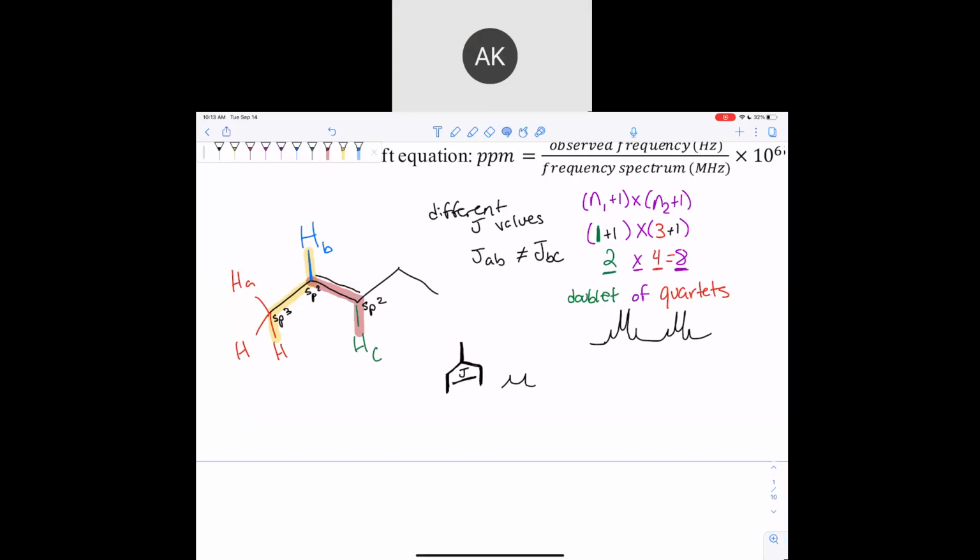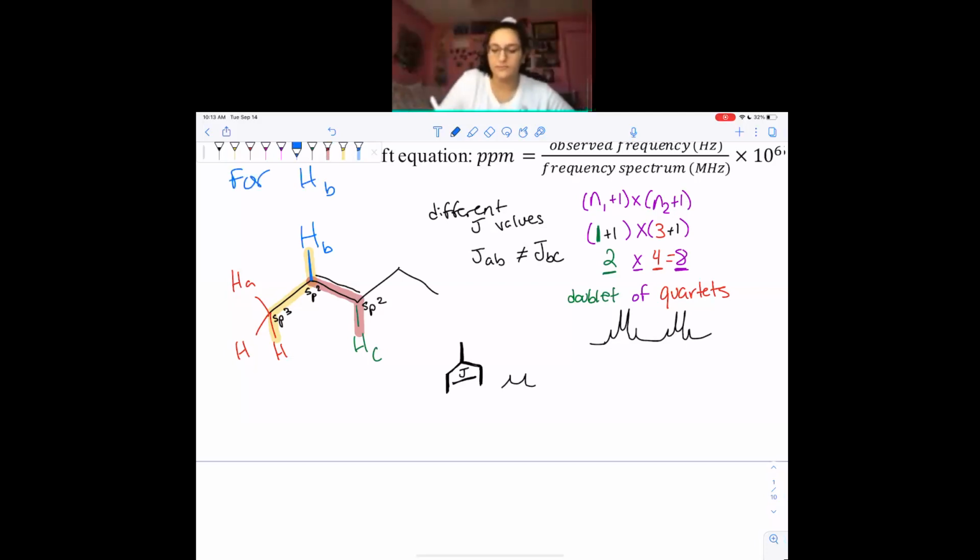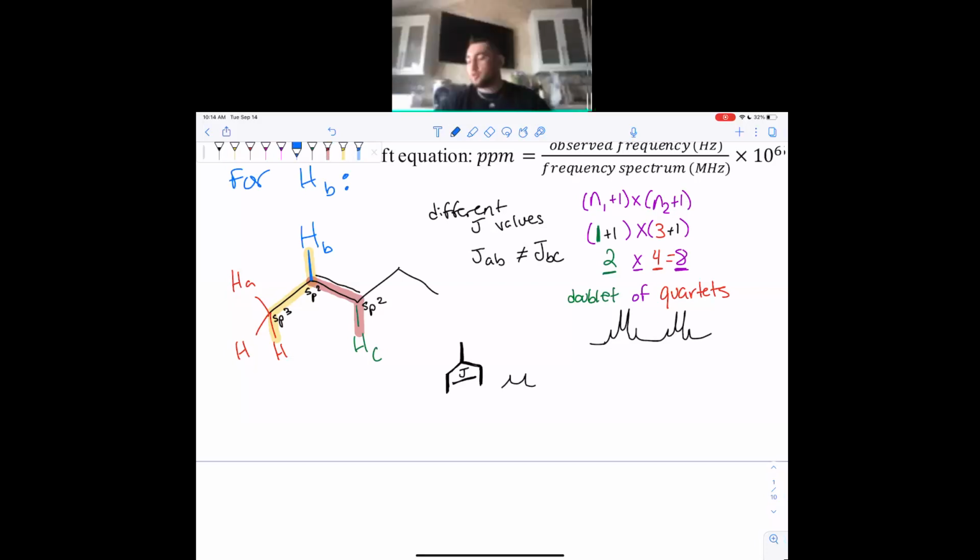And yes, we were doing HB. Originally, when you wrote this, you ended up flipping which side you do first. It's the neighbors to the right times neighbors to the left, preferably, so that you could write out doublet of quartets.